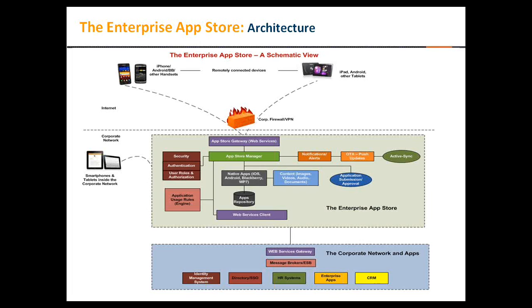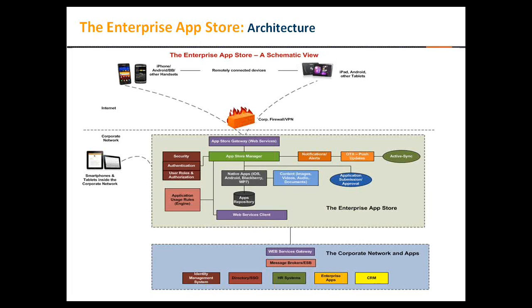Then there should be a web services client which will allow the App Store to interact with other corporate services through a web services gateway. If you look at the corporate network and apps, that's on the back-end side of the Enterprise App Store.